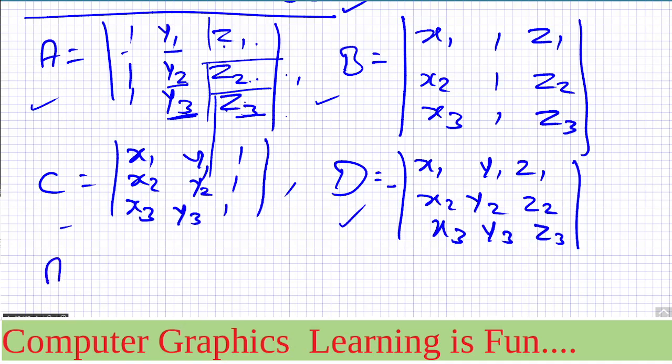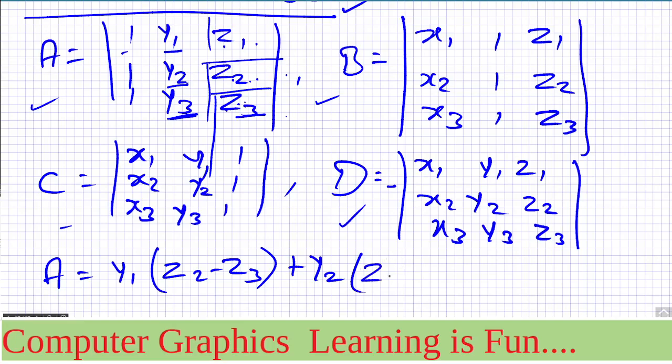Similarly, let me write for a, you can similarly find for others as well. So for a it is y1 into z2 minus z3 plus y2 into z3 minus z1 plus y3 into z1 minus z2.